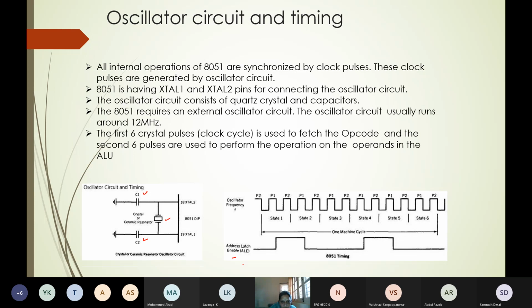Whenever ALE is 1, whatever is sent on the port 0 lines corresponds to the lower order address. Whenever ALE is 0, whatever is sent on the port 0 lines corresponds to the data. So only when ALE is high do I send the address, and whenever ALE becomes low, I send the data. For that sake, during the initial period of the machine cycle the ALE goes high, so that the address gets latched at the output of the octal latch.